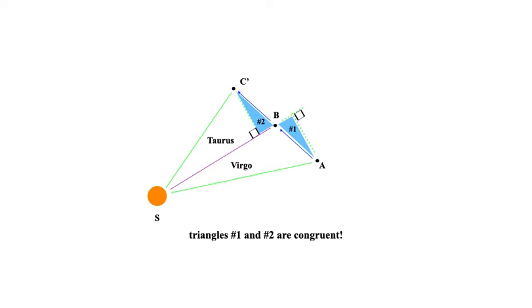So we conclude that their altitudes must be equal. By extension, the altitudes of triangles Virgo and Taurus must also be equal. Moreover, since these triangles share a common base, their areas must be equal. So planet Q, with gravity turned off, is sweeping out equal areas in equal times.